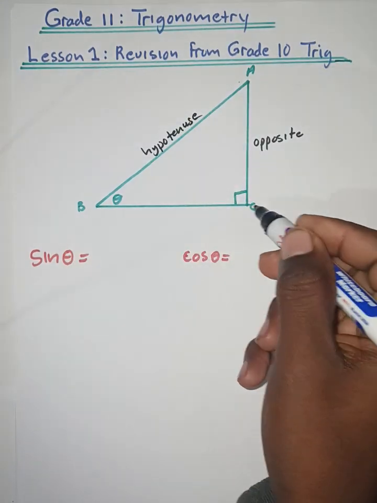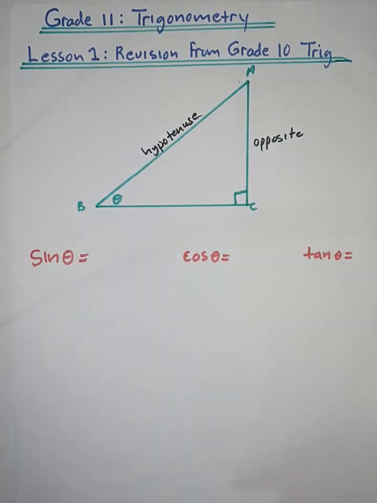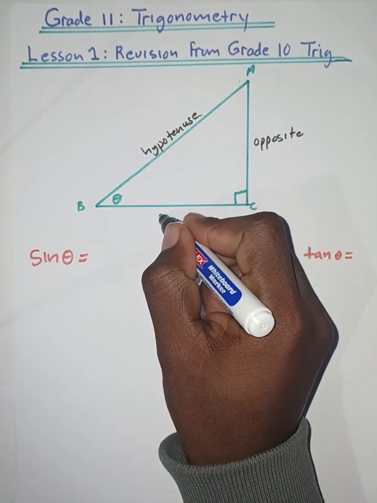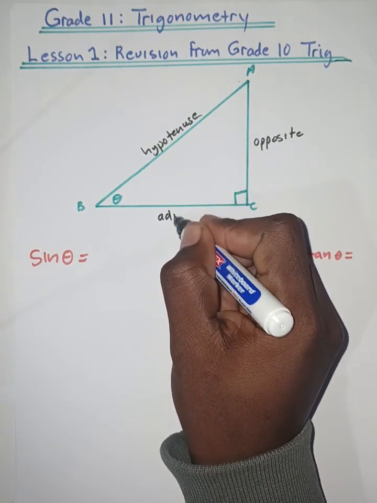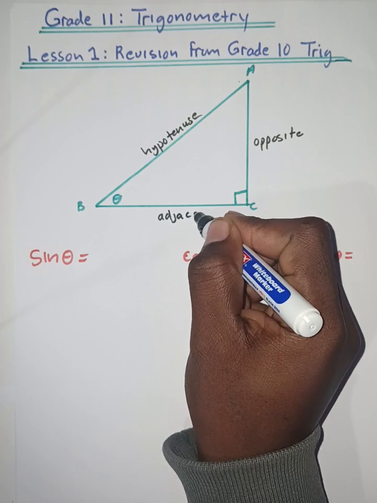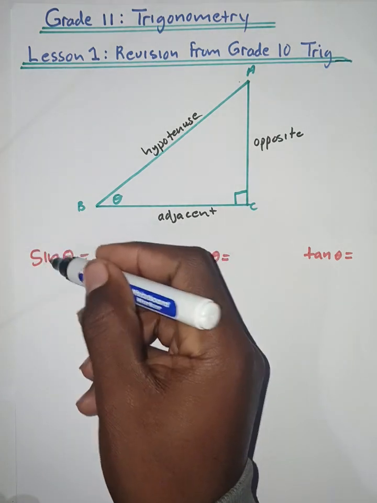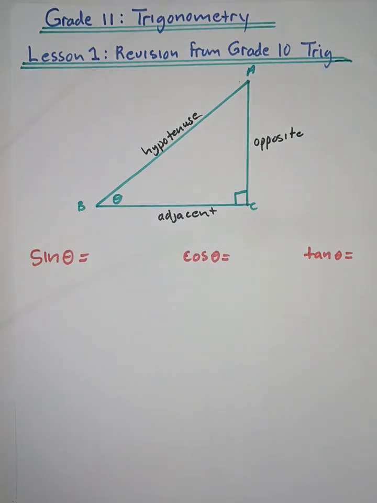The side BC would be the adjacent, the side next to theta. I hope I wrote that correctly. I'm sure you know that the definition for sine is the opposite over the hypotenuse.